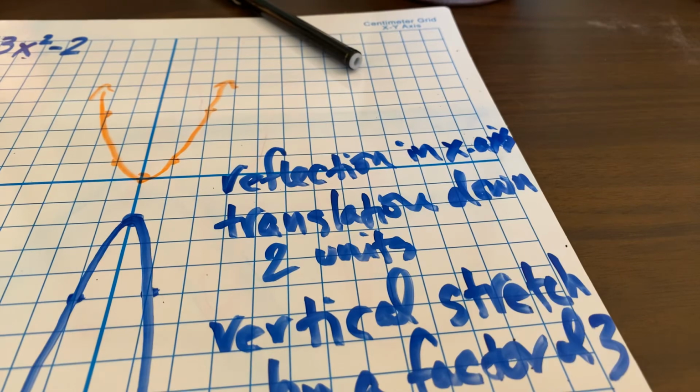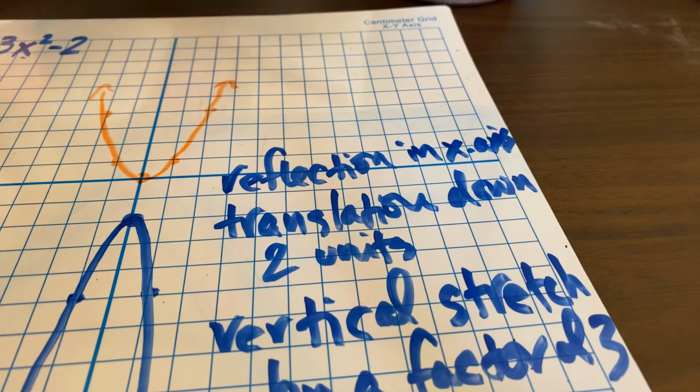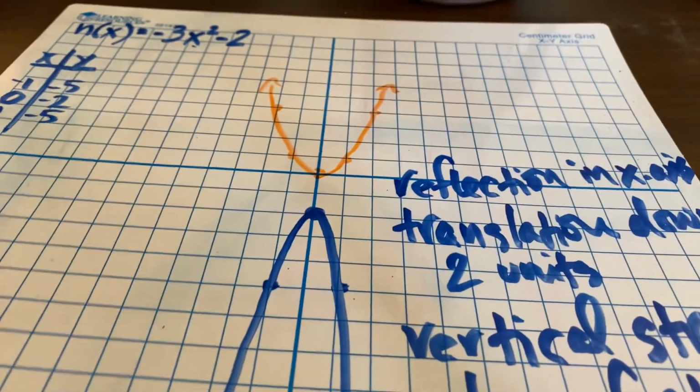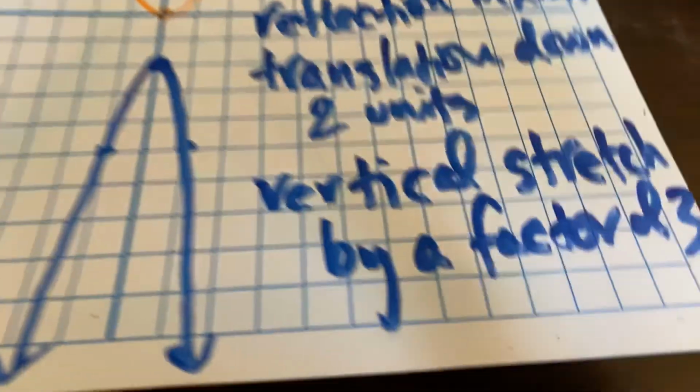Yeah, translation down 2 units. You might call that a vertical translation down 2 units. You might just say translation down 2 units. Okay, that one was a little bit tricky, but let's move on.